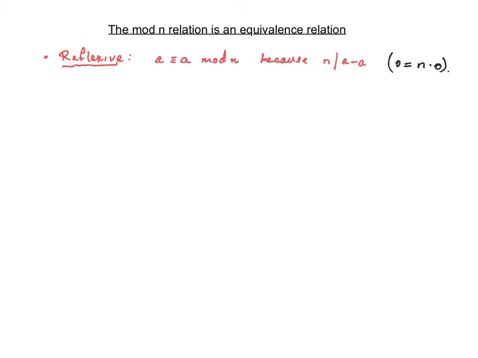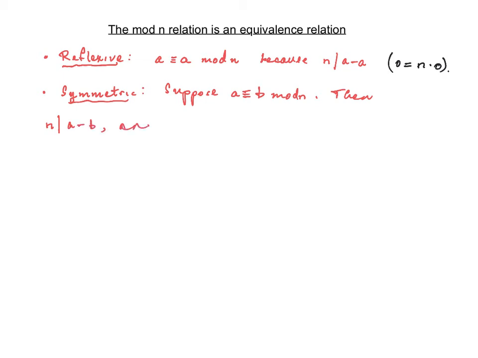Okay, so this is a reflexive relation, and now we need to check that it's symmetric. So let's suppose two numbers are equivalent, mod n. Suppose a is equivalent to b, mod n. Then that says that n divides evenly into a minus b.